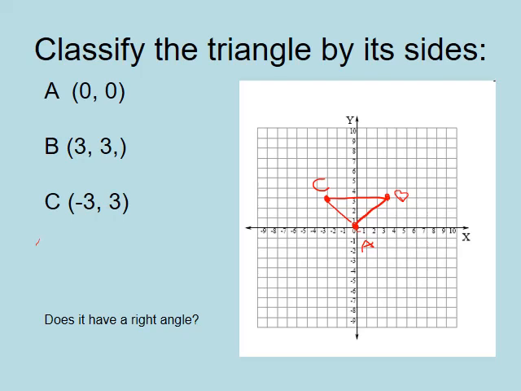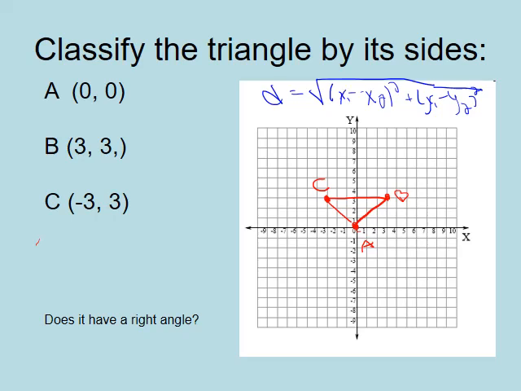With that, we could figure out which sides, like AC, AB, or CB, are congruent by using the distance formula. Remember that the distance formula is d equals the square root of x1 minus x2 squared plus y1 minus y2 squared. I'm not going to go through that because we've already covered it.